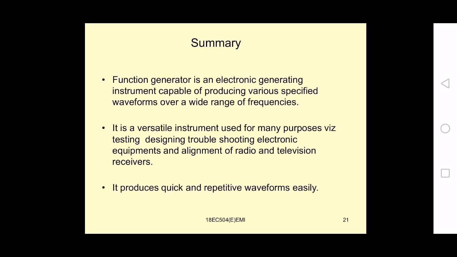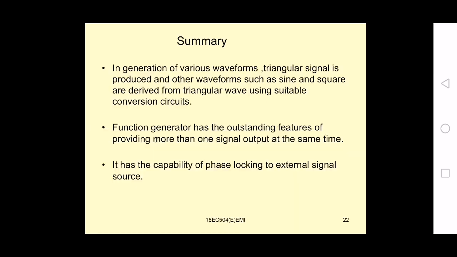It will produce quick and repetitive waveforms easily. In generation of the various waveforms, the first waveform we generate is the triangular waveform. Other waveforms such as sine and square are derived from this triangular wave using suitable conversion circuits.